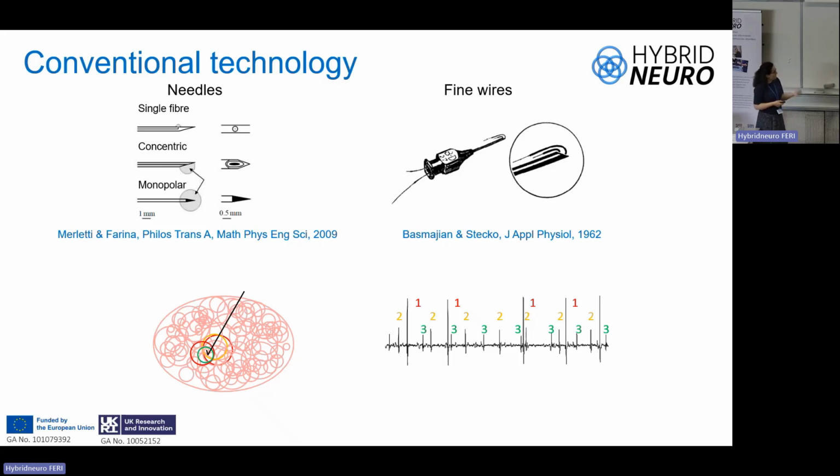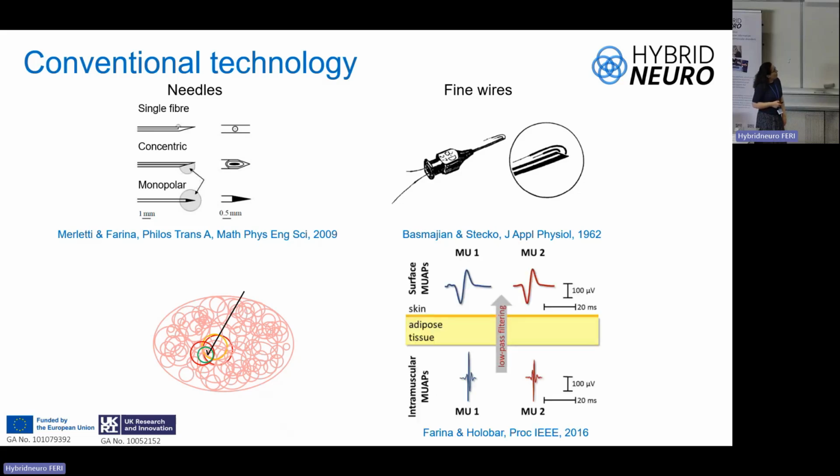And this signal is very sparse because the electrode is selective, but also for another reason. Because you place the electrode within the muscle. So in this cartoon, you have here the muscle, a layer of fat, and the skin. What you have seen in the previous days is that you place the electrode on the skin, and what you get are potentials that are smooth, and also they have a large time support.